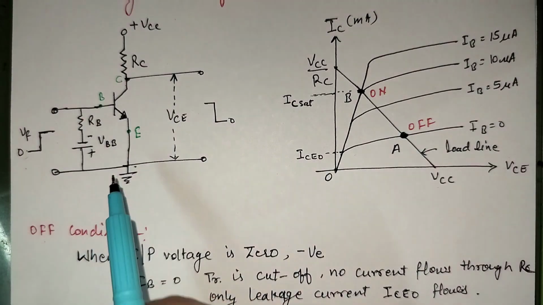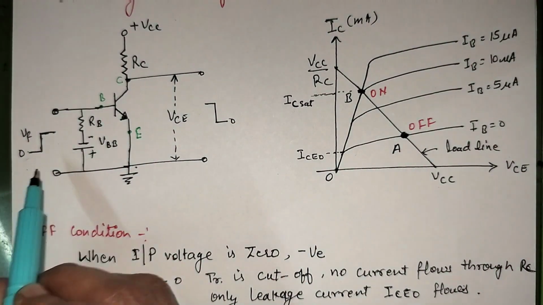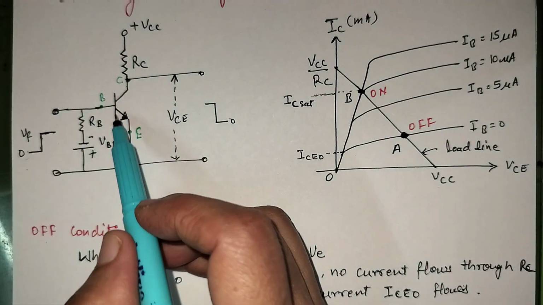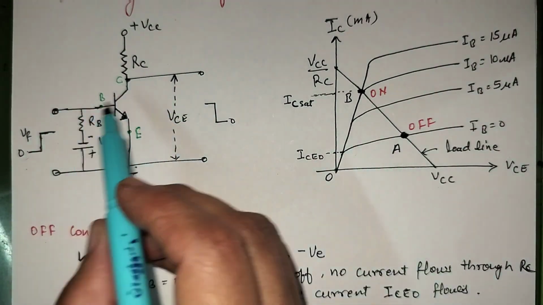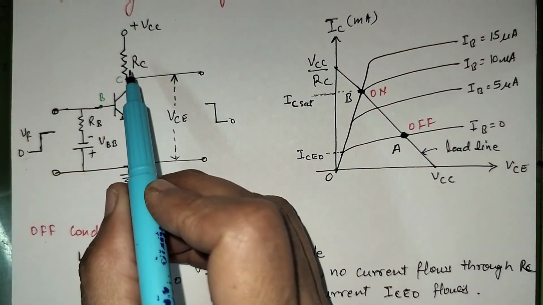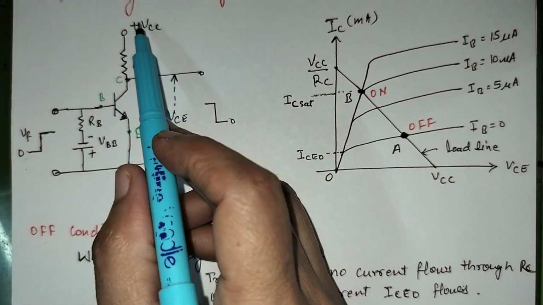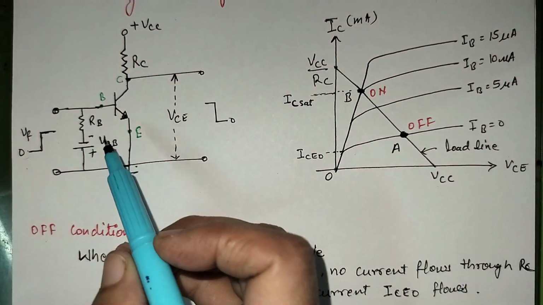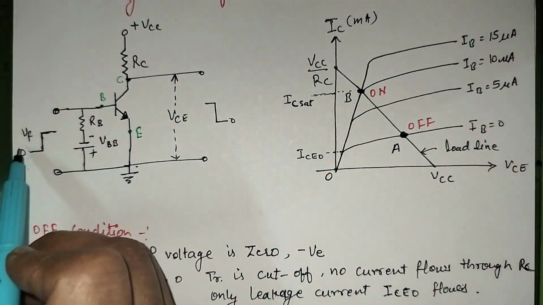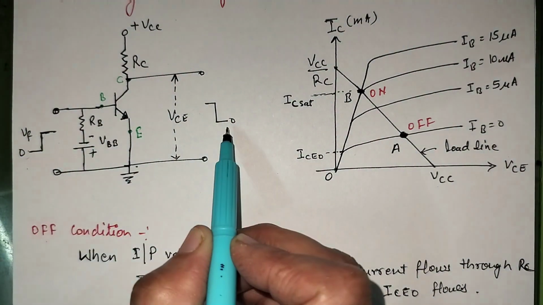To bring the transistor in saturation region, there must be a large enough positive voltage at the input so that a saturation current will flow through the transistor or the circuit. In this case, the current is maximum, meaning saturation current. So all the voltage, meaning all the VCC, will appear across this RC resistor. When the input is maximum, the output will be minimum.